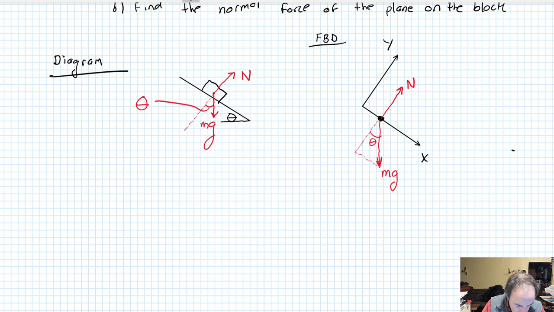So this component is mg cosine theta. According to my coordinate system, that's in the minus y direction. And this component of the weight going this way in the x direction is a positive mg sine theta.